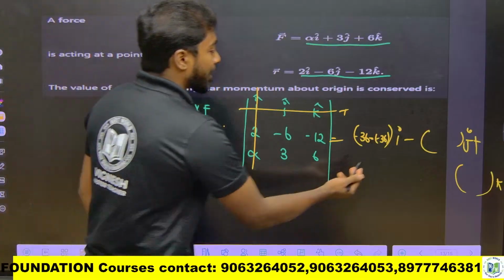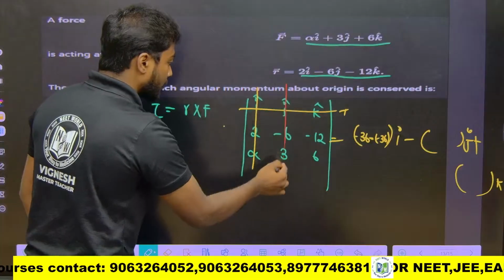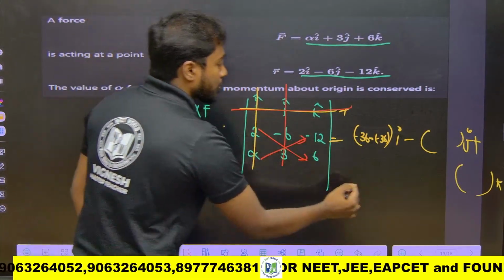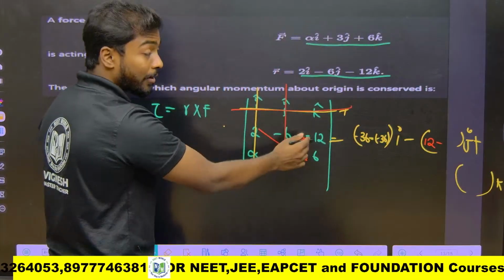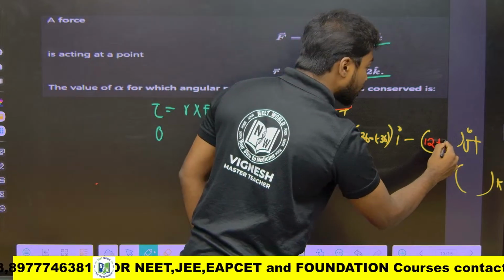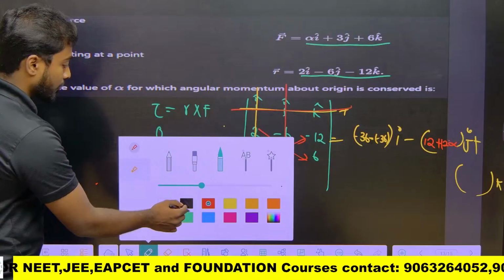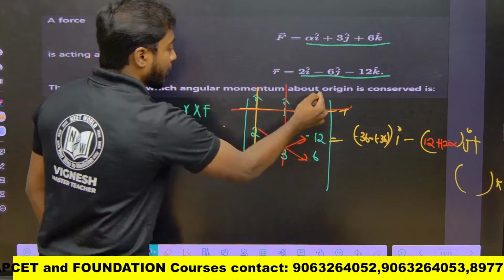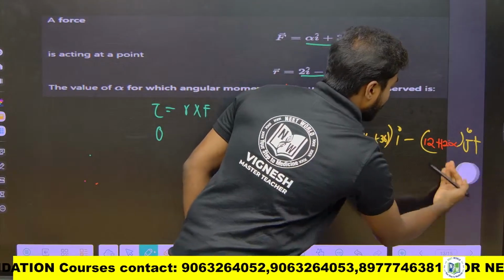Now for the j cap, I need to close this, so cross multiply. So this is 12 minus, so minus 12 alpha, it will be plus 12 alpha. Now next one, for k I need to close.